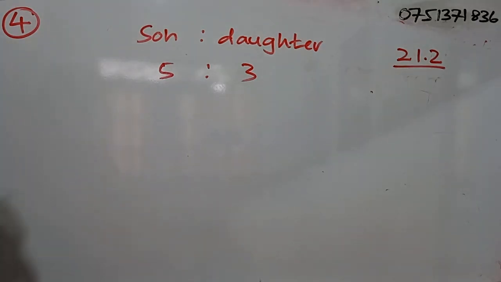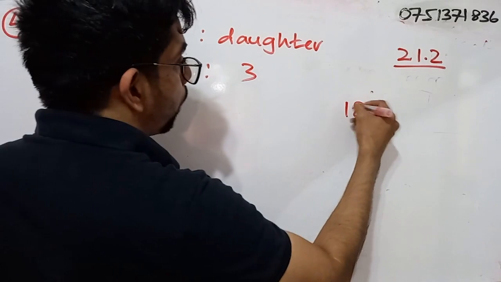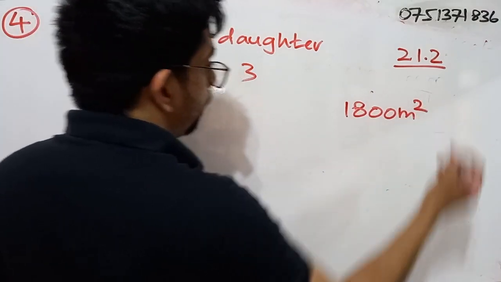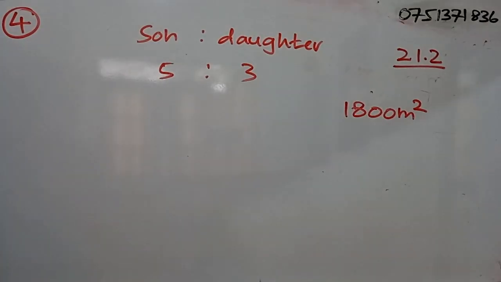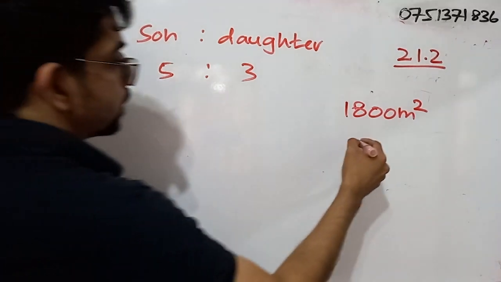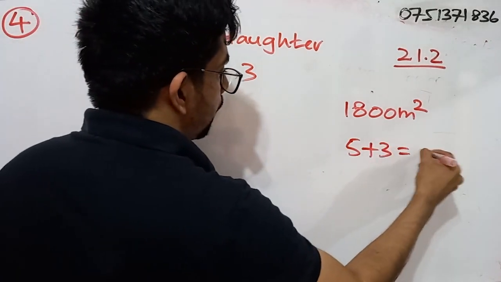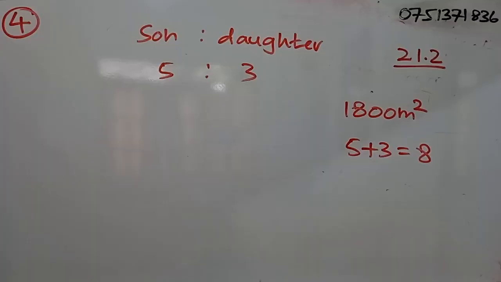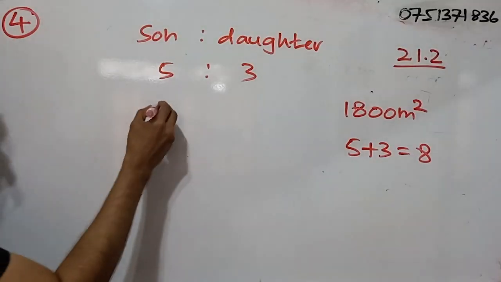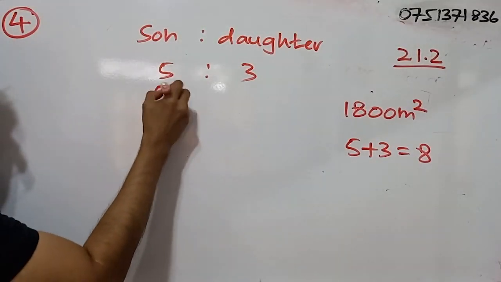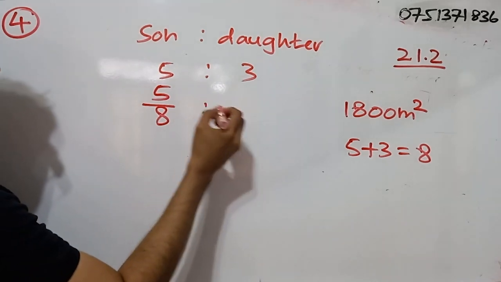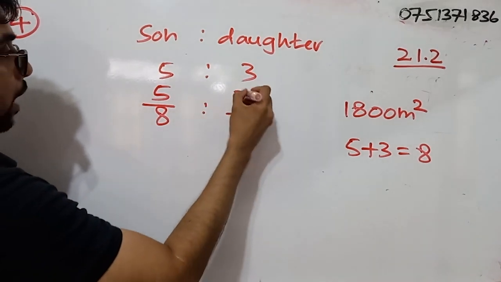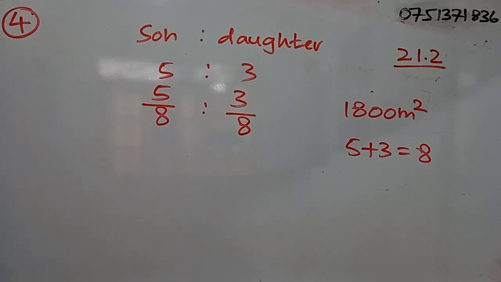What is the total land amount? 1800 square meters. Okay, so what is the total number of parts? 5 plus 3, that will be 8. Okay, so that means out of 8 equal parts, the son is receiving 5, and out of 8 equal parts, the daughter is receiving 3.